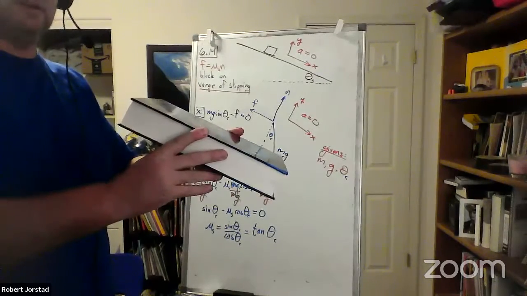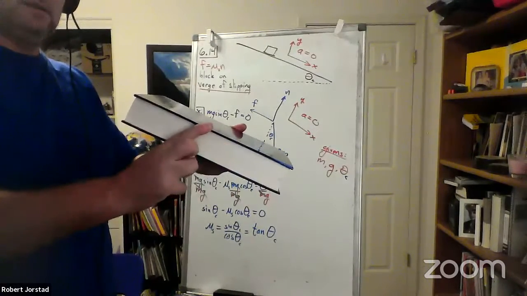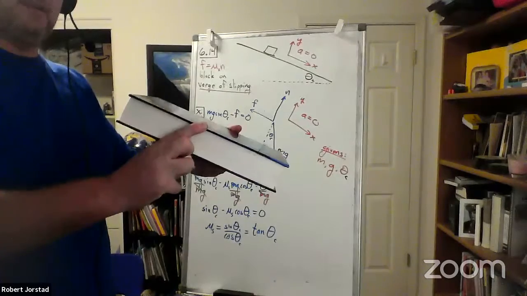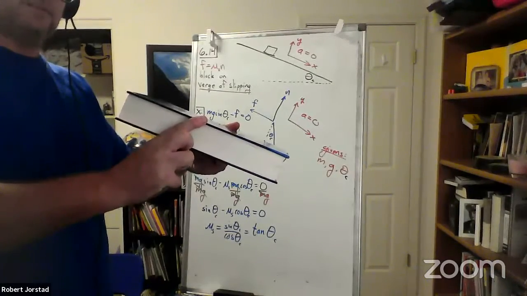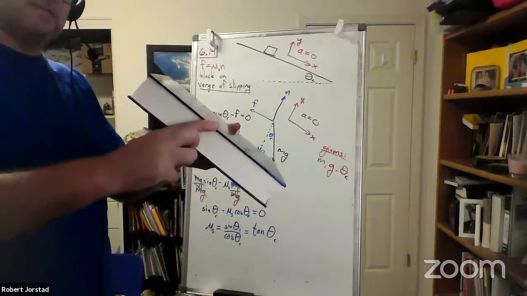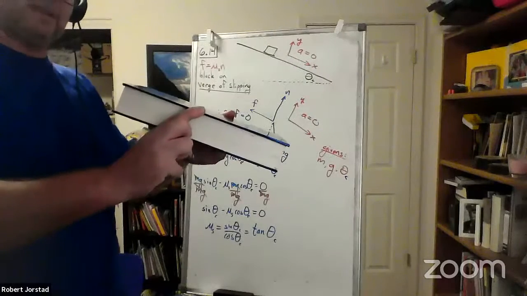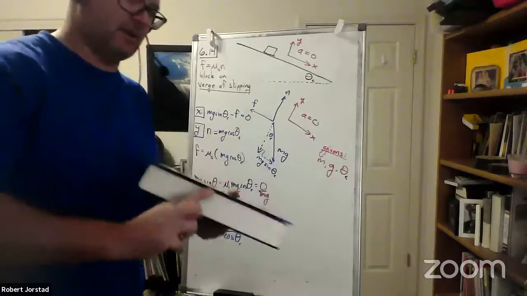Just kind of eyeball it there. Like 45-ish, maybe 30. It's probably less than 45. Because 45 would be like that, right? Yeah. So maybe it's half of that. So let's say maybe like 22, 23.